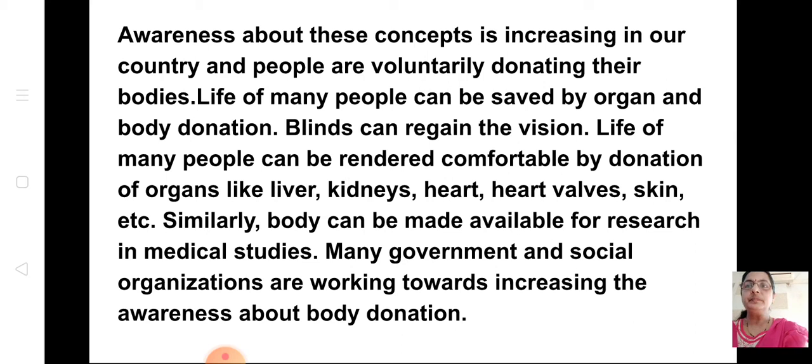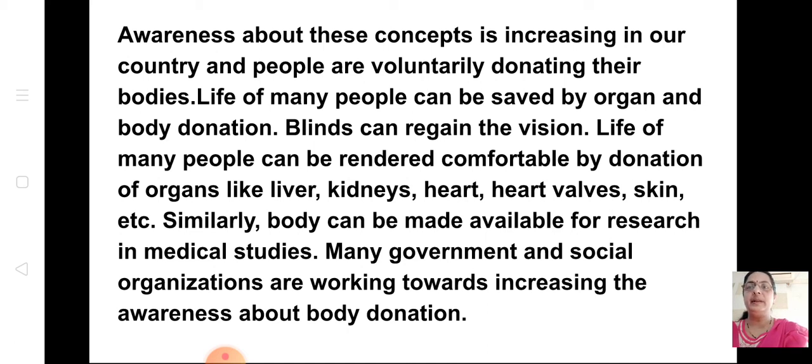I'll show you. Awareness about these concepts is increasing in our country, and people are voluntarily donating their bodies. Before dying itself, we have to write and keep, because it is only with the person's wish that we can do this. Life of many people can be saved by organ and body donation. Blind people can regain their vision.